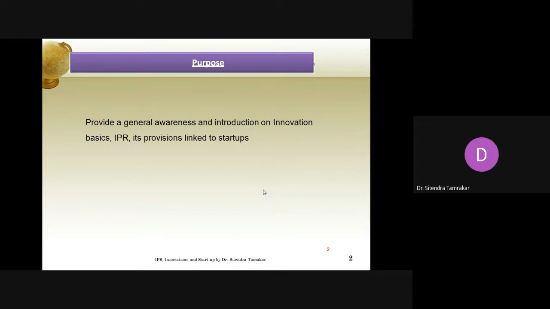So startup is an activity, while IPR and innovation are entirely different things. They boost your skills and your quality to find something new, and that quality can be used anywhere in life. So in today's session, we'll talk about innovation and put more stress on intellectual property rights.